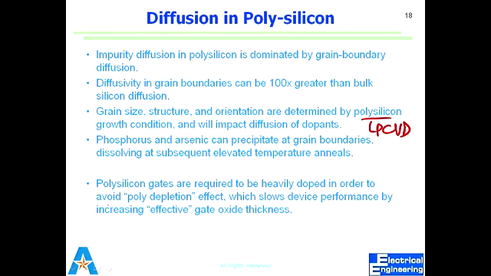So instead of becoming a conductor, it starts impeding the charge transfer. So it is heavily doped to avoid poly depletion, so that it doesn't add to the resistance of the gate.